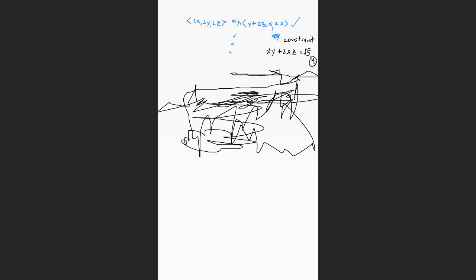That's the constraint. How many unknowns are there with equations 1, 2, 3, and 4? I'm sorry, I have an error here. This should be 5 root 5.